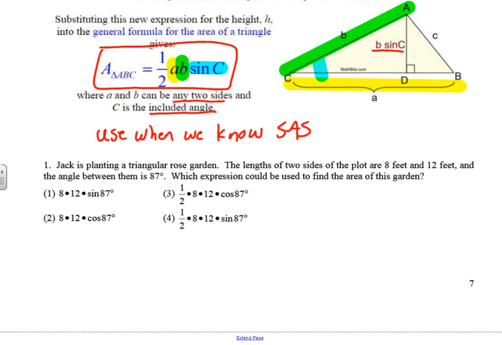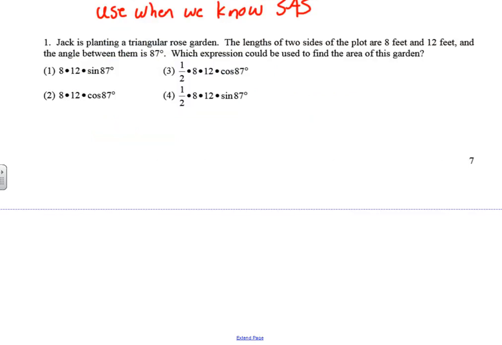Jack is planning a triangular rose garden. The lengths of two sides of the plot are 8 feet and 12 feet, and the angle between them is 87 degrees. Let's draw this picture. He's got 8 and 12, and the angle is between them.